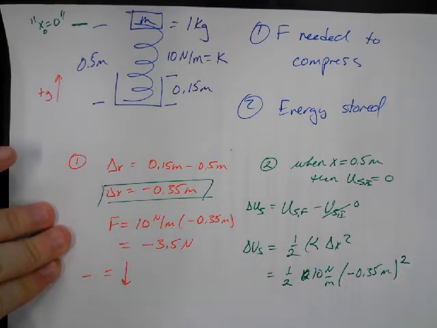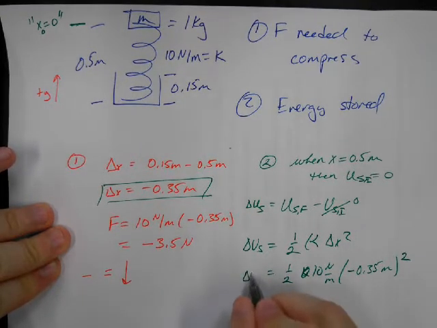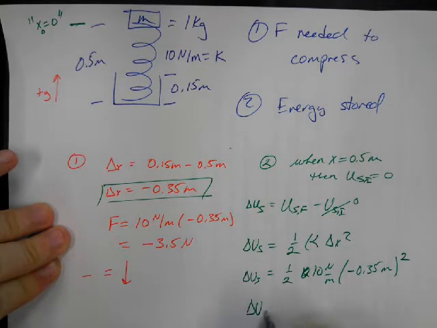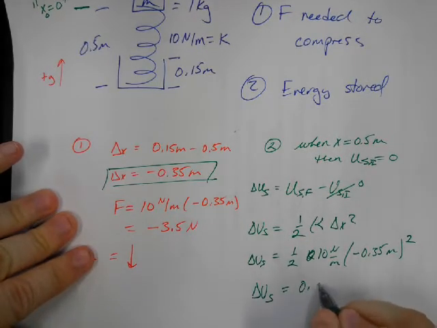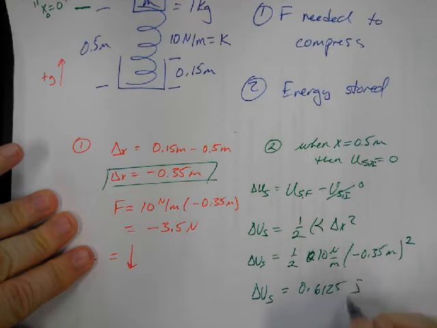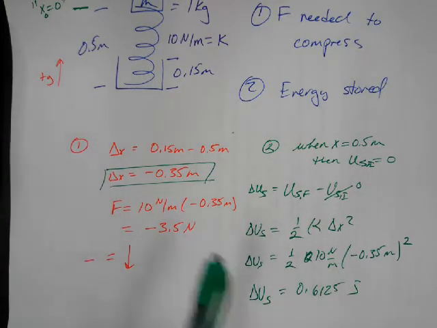And so we calculate what that is. I don't know what it is. This says delta U, the potential energy of the spring, is 0.6125 joules. That's how much work you have to do to compress the spring.